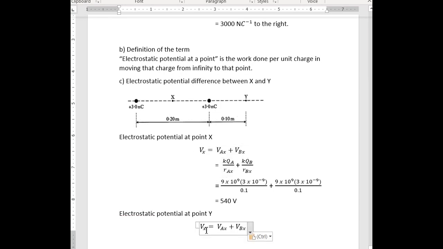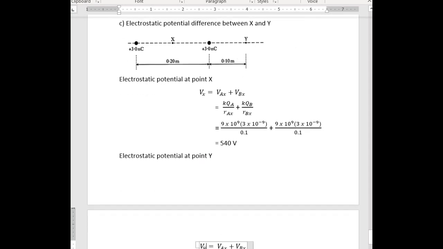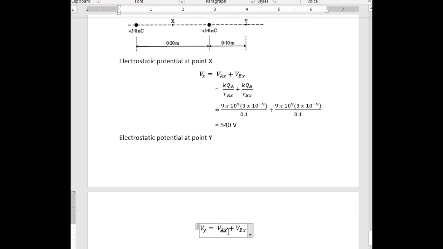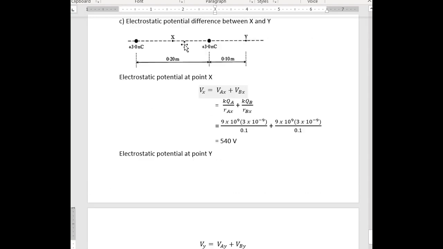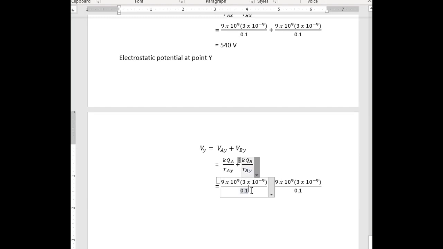Then we find the electrostatic potential at point Y. Same thing. Work done to bring charges to point Y is equal to the work done to bring charge A to Y, and work done to bring charge B to Y. The same formula. Distance between charge A and Y is 0.3. Between charge B and Y is 0.1. And the answer is 360 volt.